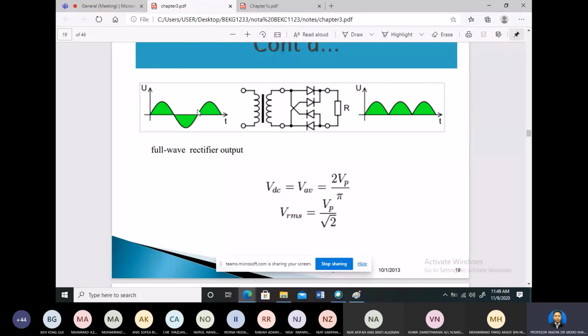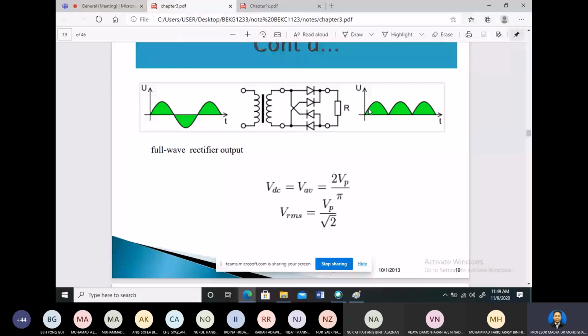For the half wave rectifier, the negative cycle will be cancelled out. Half wave, cancel out. That's why the output will be like this, with no negative cycle. But for the full wave rectifier, the negative will be inverted to the positive, so the positive cycle will be like this.